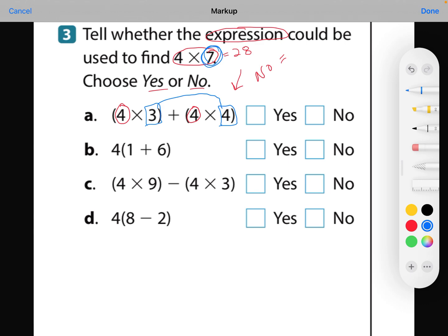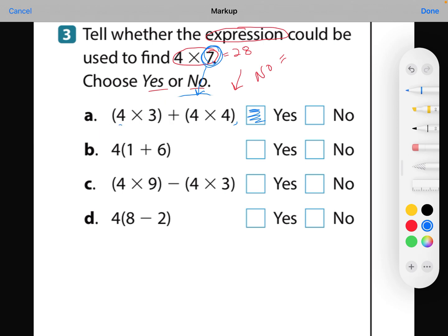So if I break apart 7, does 3 and 4 broken apart make 7? The answer to that is yes. Did I multiply each of the parts of 7 by 4? Yes. That means this works. Now, that's one method. The other thing I can do is solve my parentheses.